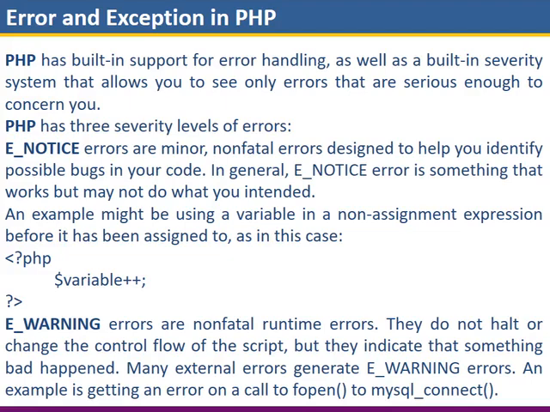The meaning is that something might be wrong in your code, but PHP can still run that code. So that is the meaning of E_NOTICE. It's a minor error in PHP.